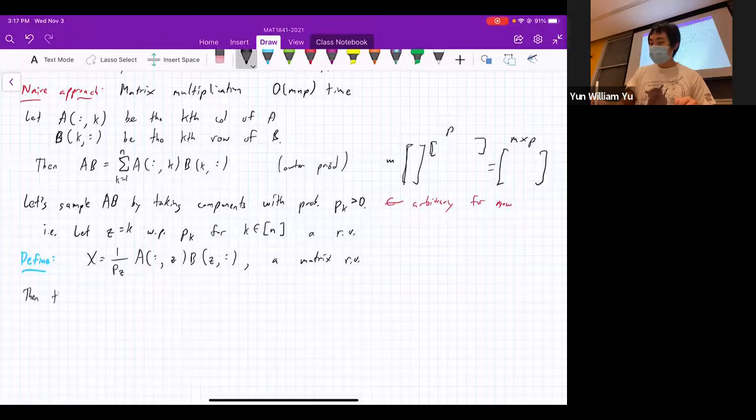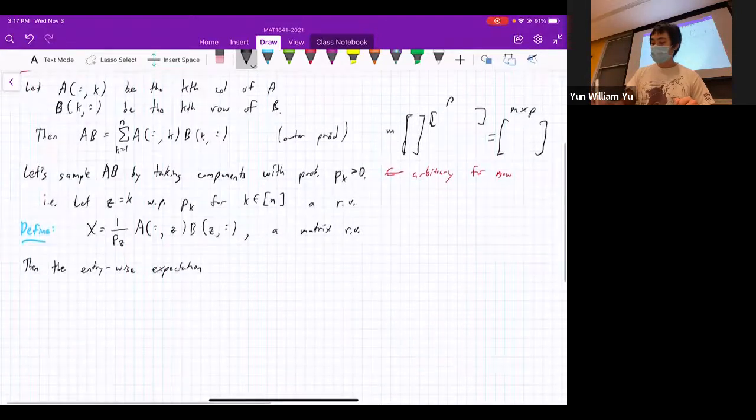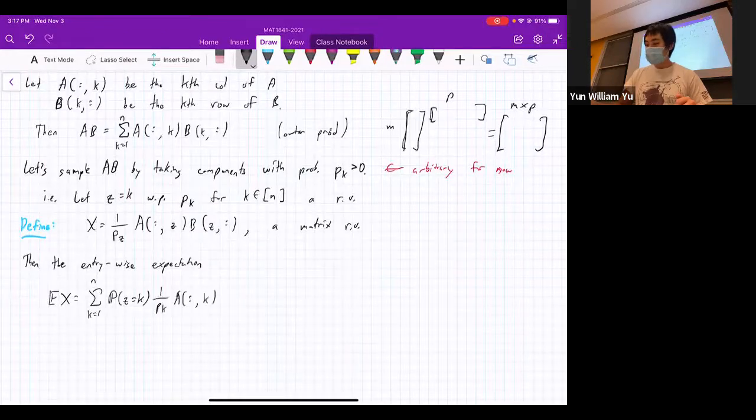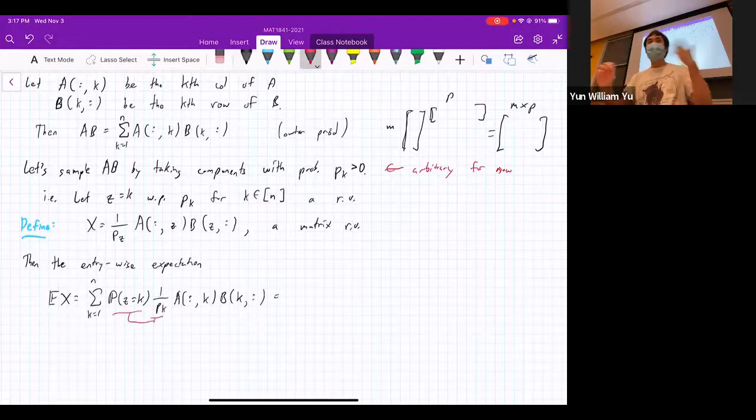So then the entry-wise expectation is just the expectation of X, equal to the sum over k equals 1 to n of the probability that Z is equal to k, times 1 over p_k, times the kth column of A times the kth row of B. And of course, this cancellation is the reason that we scaled by that amount.